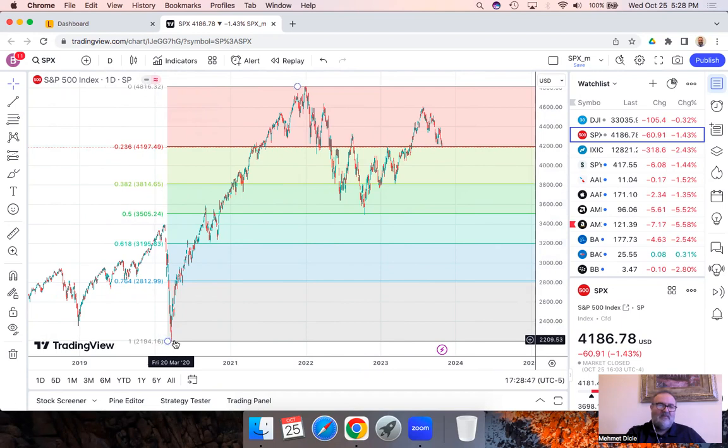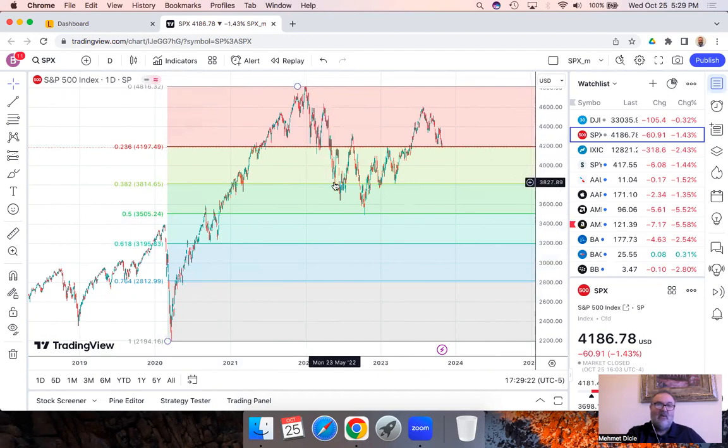So once we start from 2194 all the way to 4816, that's actually about a 100% return. And from that return, we started to descend, or retrace. The first line is the red line or red area, which is the 23%, and it actually corresponds to that line. And now notice that we actually hit that line, came back down, and then came back up again.